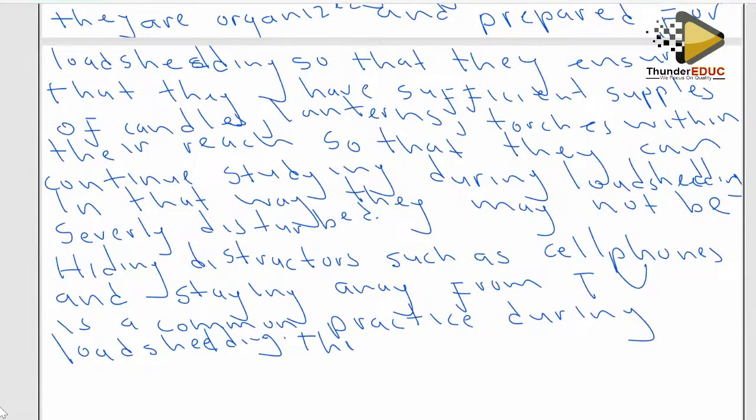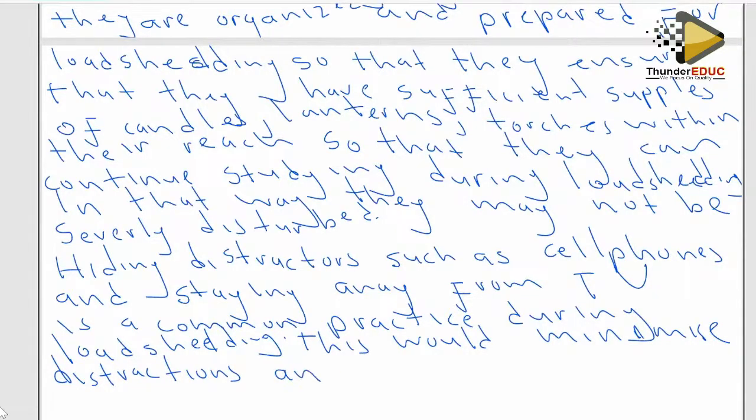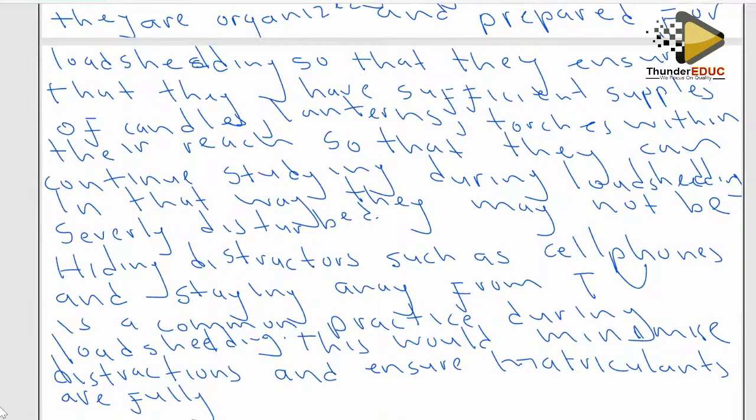This would minimize distractions and ensure matriculants are fully focused on their studies.